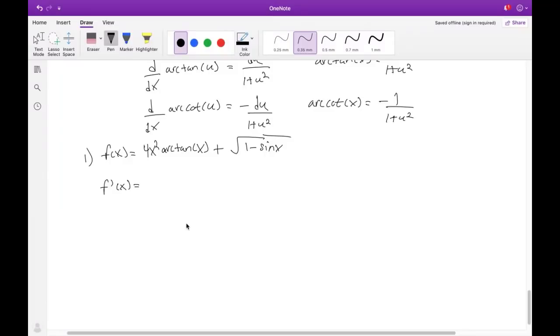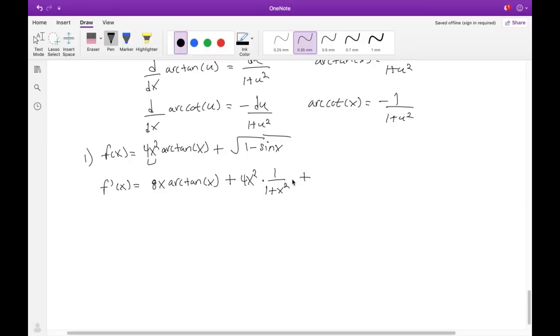So the first portion, I'm going to go ahead and apply a product rule. So I'm going to take the derivative of this part first. So I'll have 8x, then I'll keep my arctan x constant. And I'm going to go ahead and take the derivative of the arctan of x and keep the 4x squared constant, so it's 4x squared. And the derivative of arctan of x, like we already went over, is 1 over 1 plus x squared.